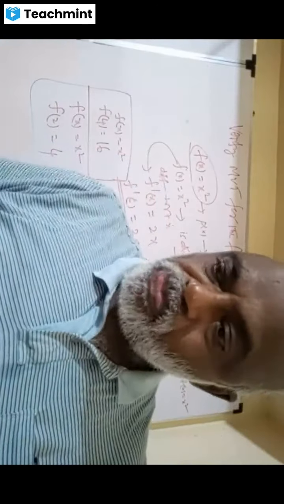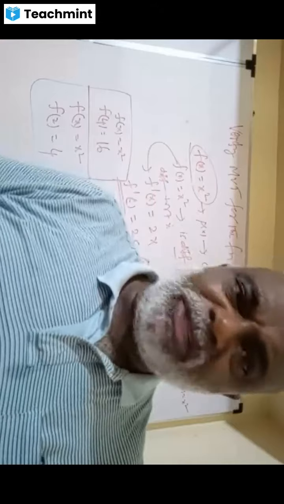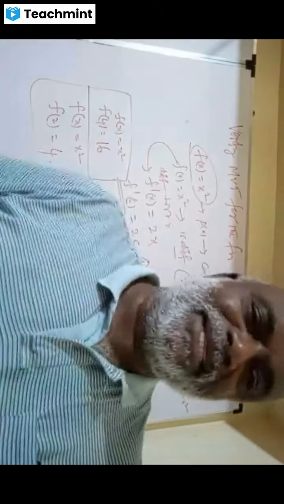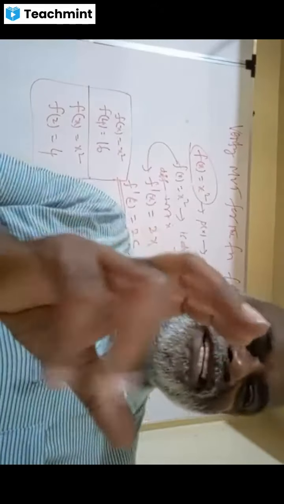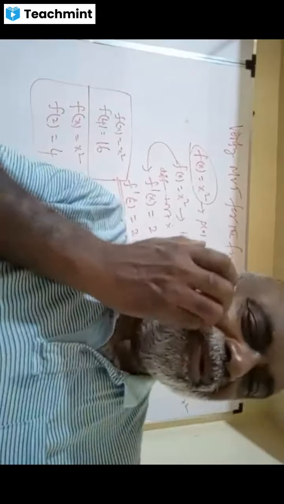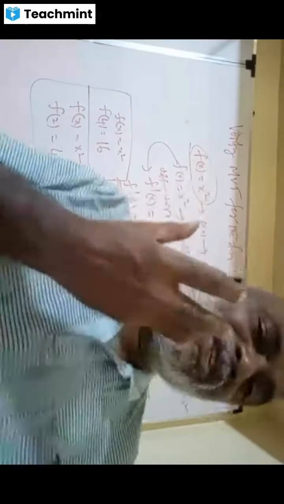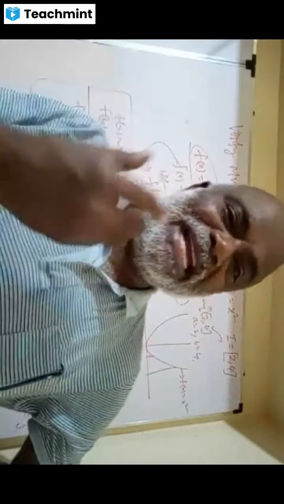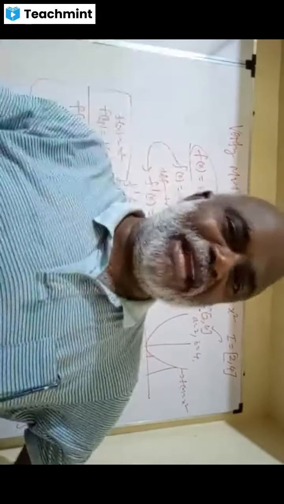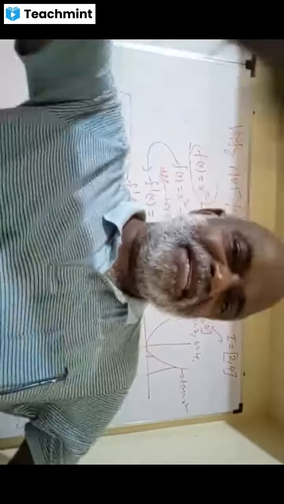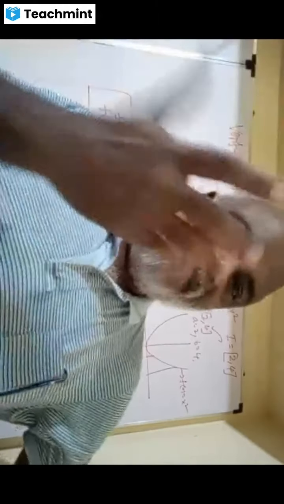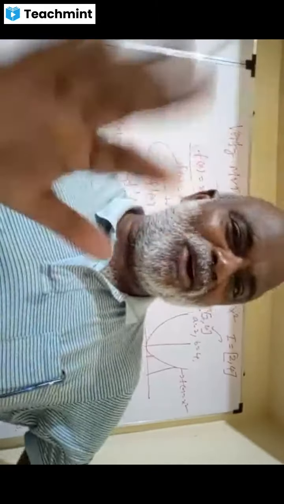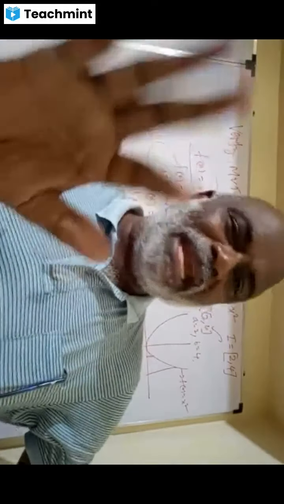If you want to draw that, see, we don't know the graphs of many functions, correct? Only limited functions we know, but the app will give anything if you want to visualize the function. You say f of x equal to x, you get a line. F of x is x square, you get a parabola. F of x equal to x cube, x power 4, or x cube plus 2, this is difficult.